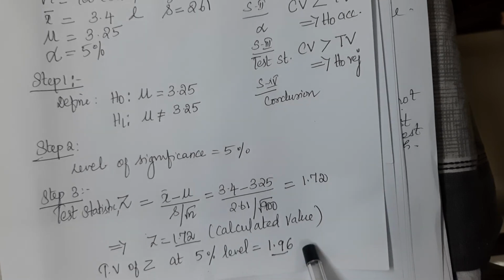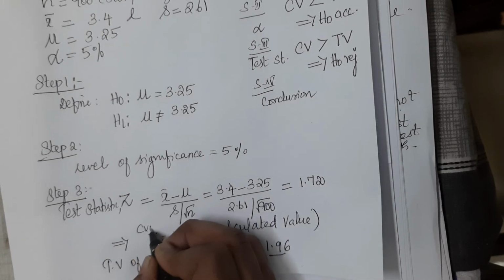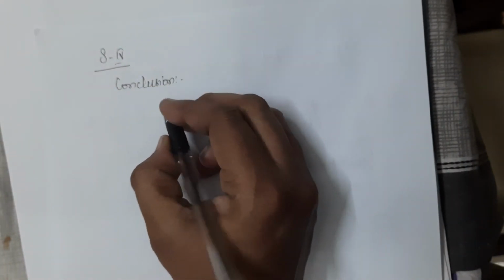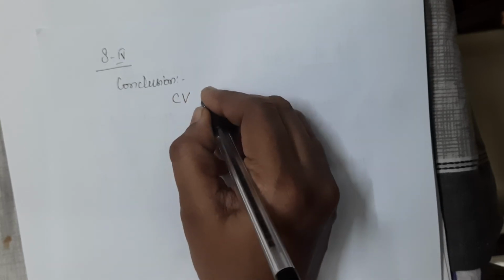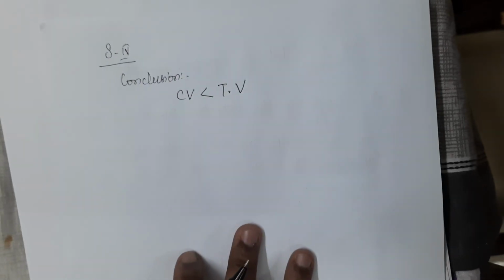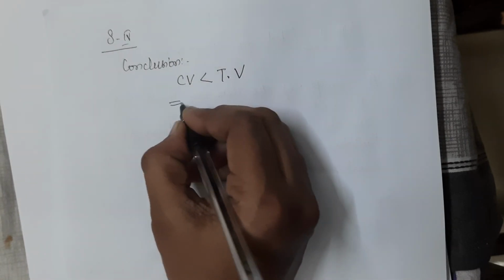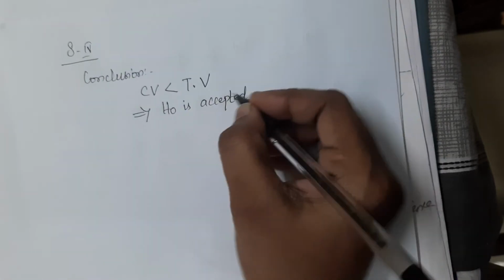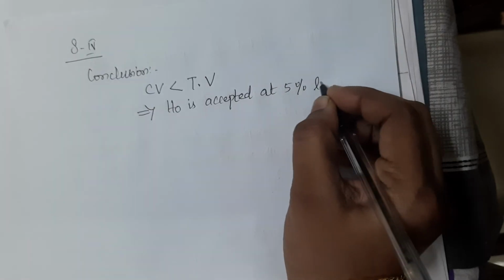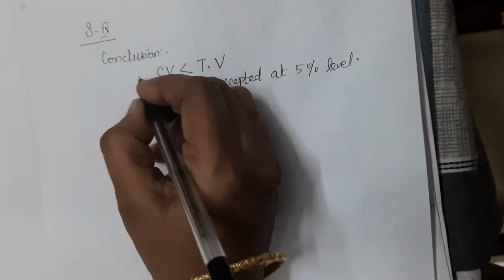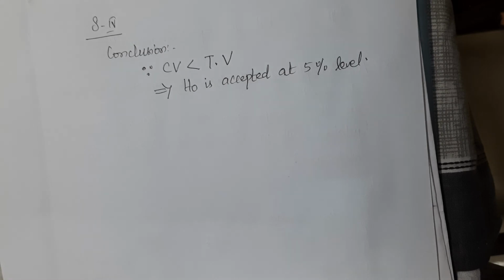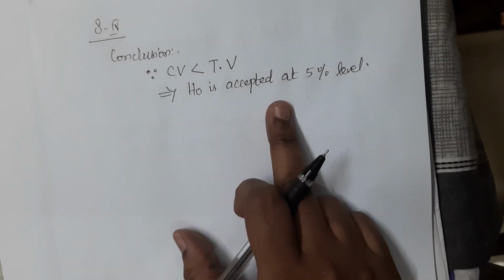On comparison, this calculated value of Z is found to be less than the table value of Z. So in this example the calculated value is less than the table value, which implies H naught is accepted at 5% level.